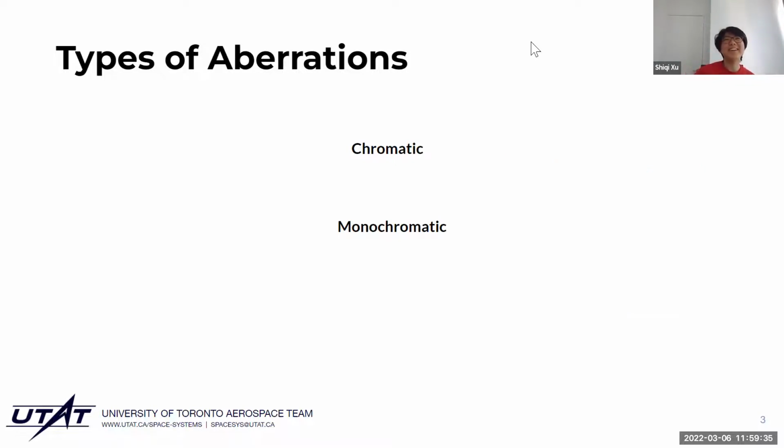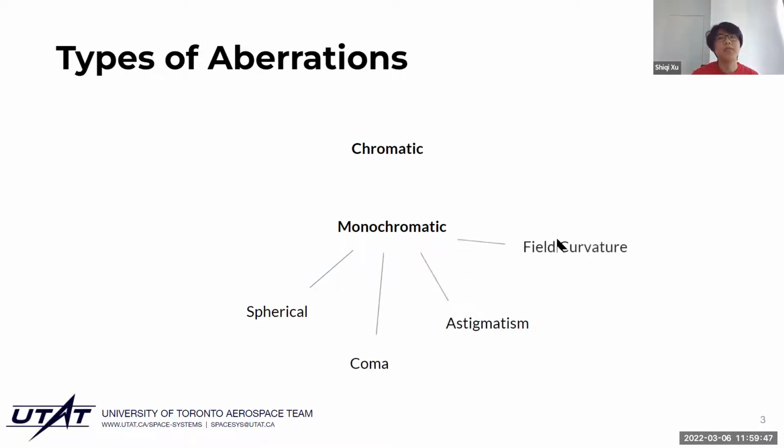But anyway, okay. So we have spherical, which I have alluded to before. We have coma, astigmatism, field curvature, and distortion. Those are also called primary aberrations.